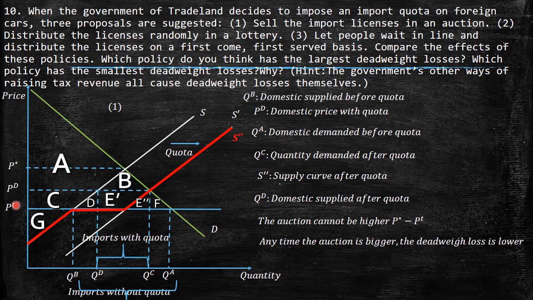When PD minus PT is equal to the auction price, we are going to stay in the same position as the free trade condition. And the worst one is going to be the third one, because the deadweight loss is going to be DNF plus the cost of waiting in the line.